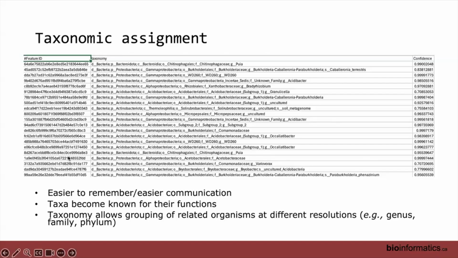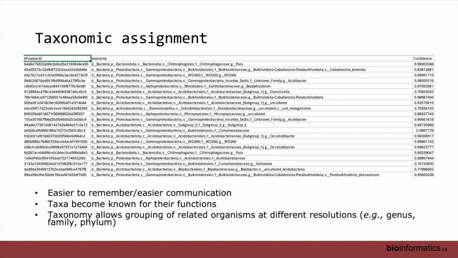The reason that we want to do this usually is because it's a lot easier to remember. Taxa become known for their functions, particularly when these are conserved within different groups. This means that we can group things together at different resolutions. Typically you'll also find that if you look at the prevalence of a species, so how many different samples a particular species or ASV occurs in, it's often very low.